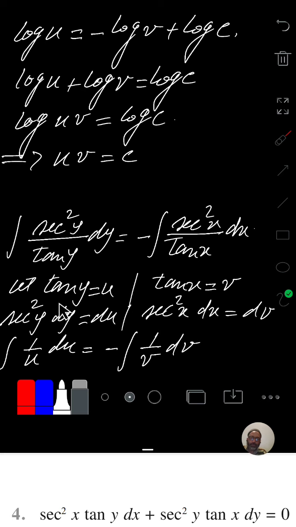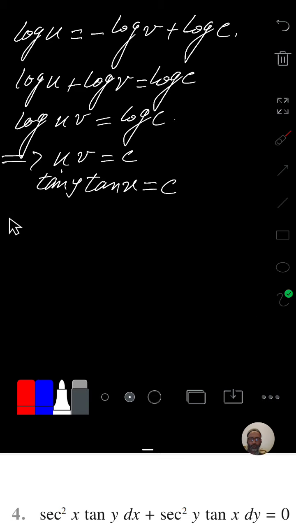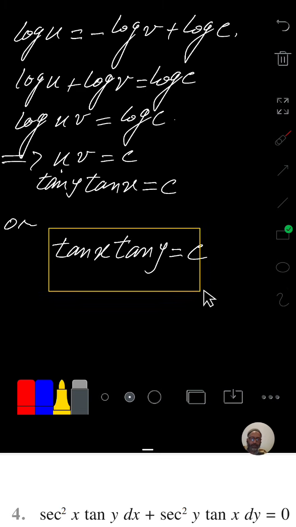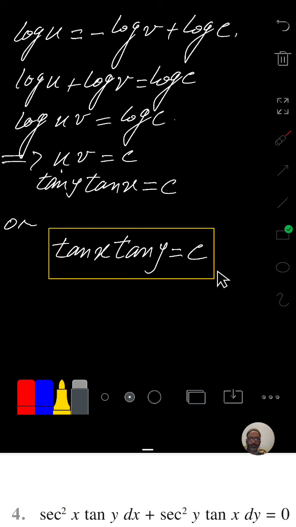Now by our substitution, tan y is equal to u and tan x is equal to v. If we substitute here the values of u and v in terms of x and y, we get tan y into tan x is equal to c, or tan x tan y is equal to c, and this is the required solution of the given differential equation.